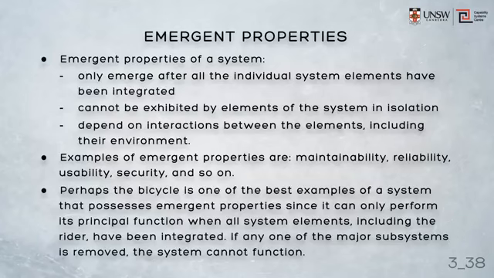And so that property of the system, which is really what we would call a bicycle, is an emergent property. It doesn't exist until all of the elements of the system are together, including the operator, and all of those systems are interacting with their environment, with gravity and so on, and the wind, until we can see the actual properties of the system.